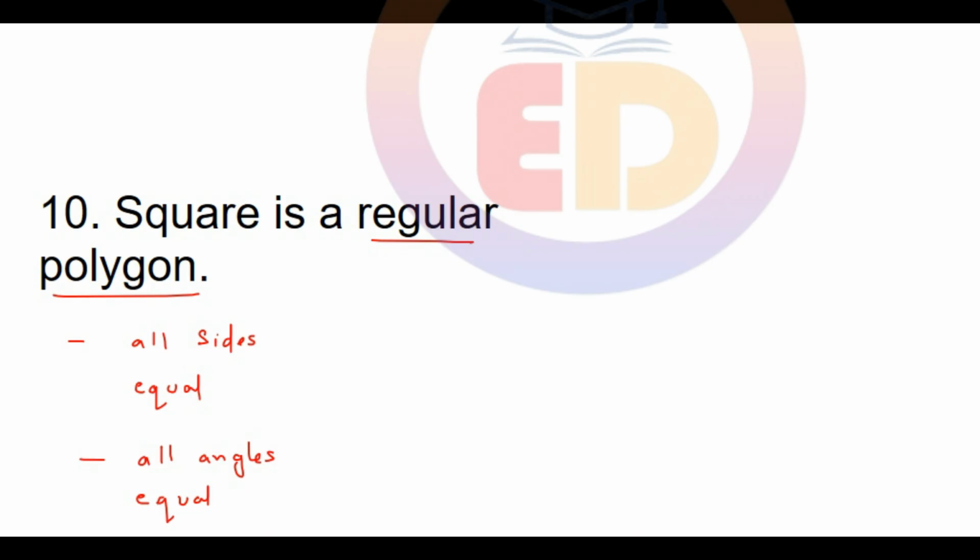Now in the square, we know that all sides are equal and each angle is 90 degree. Now this itself is a symbol of 90, so no need of writing 90 again.